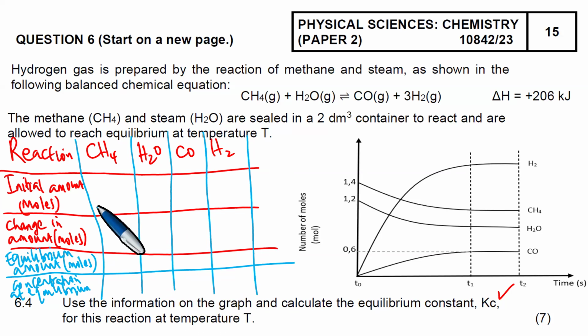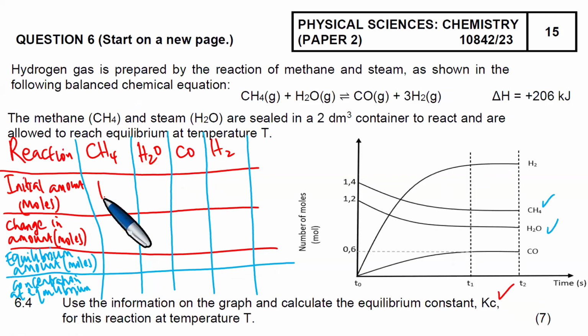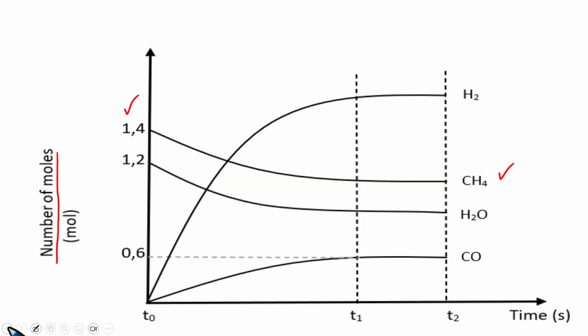Now, we look at this carefully. We start with CH4 and water. If you look at this graph very carefully, initially CH4 is 1.4 moles. Meaning this is the initial number of moles of methane gas. And then here you have water.